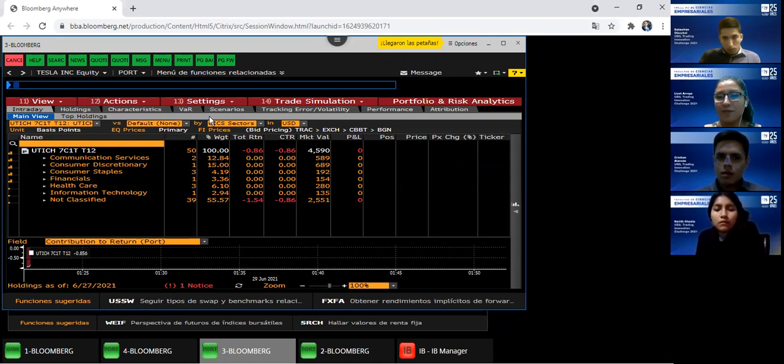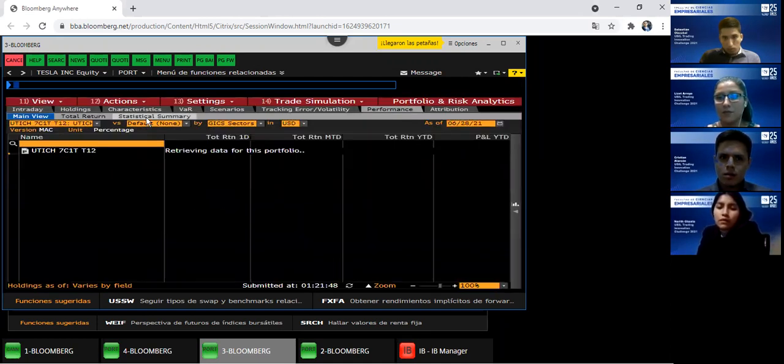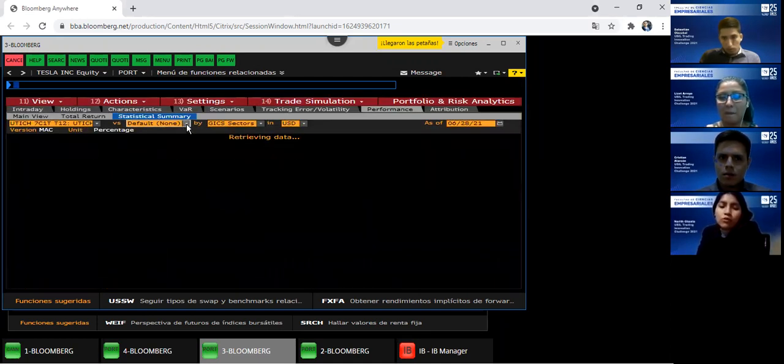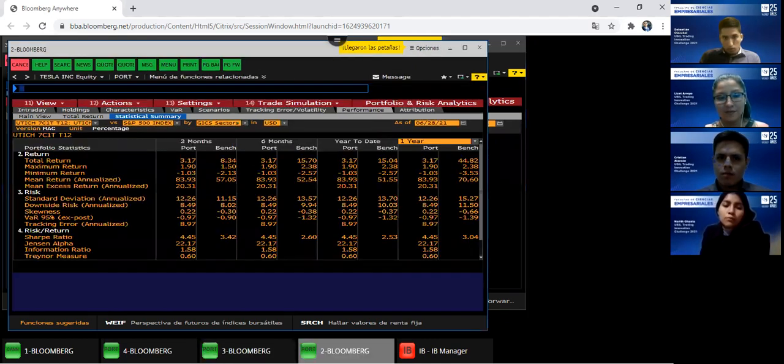In Bloomberg, we import the performance and the statistical summary to analyze our portfolio against an index benchmark. In the comparison of our portfolio with the benchmark, in 3 months we get a positive return of 2.11% versus 9.88%.